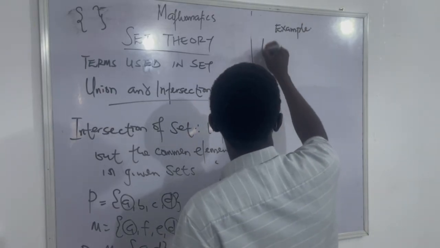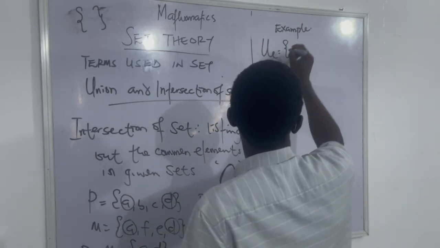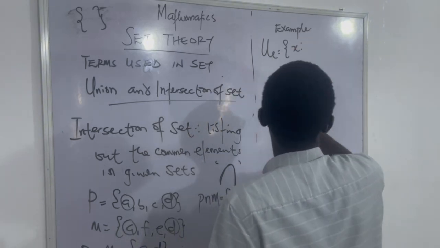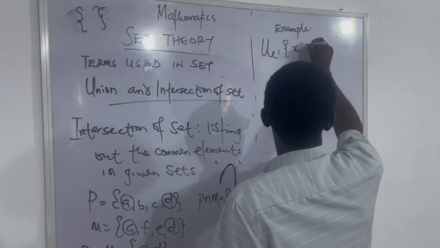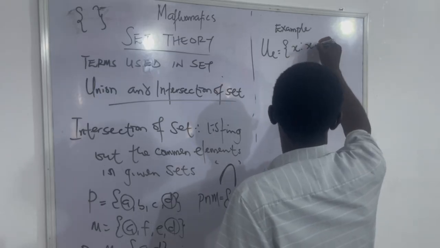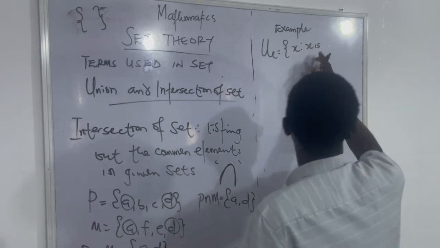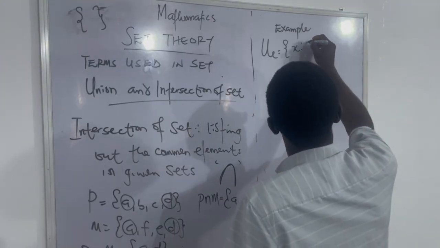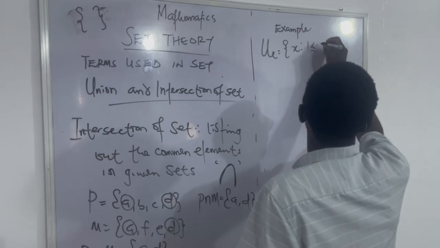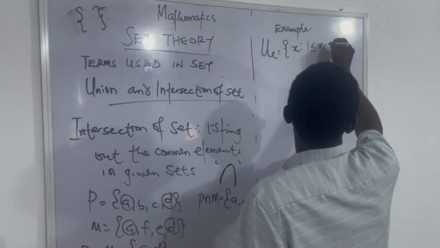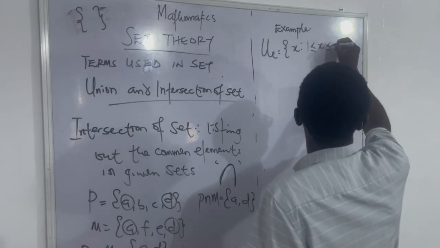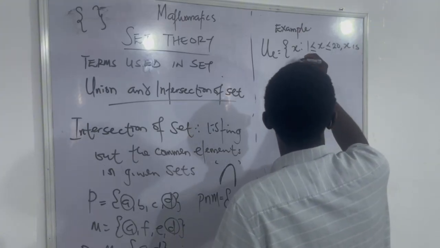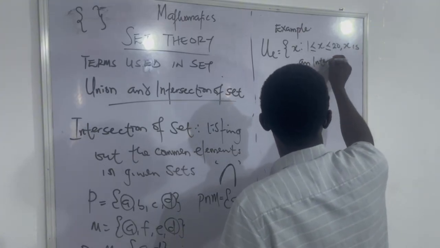Example: the universal set contains x such that 1 is less than or equal to x, less than or equal to 20, where x is an integer.